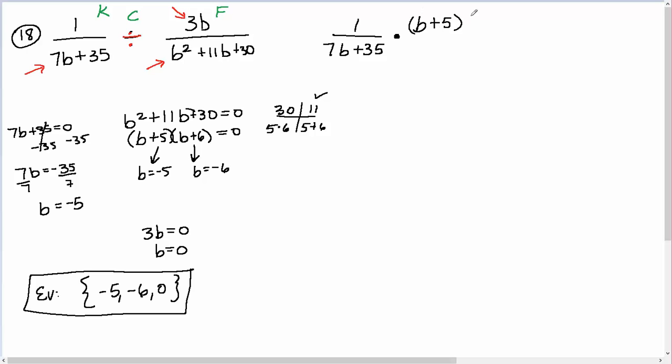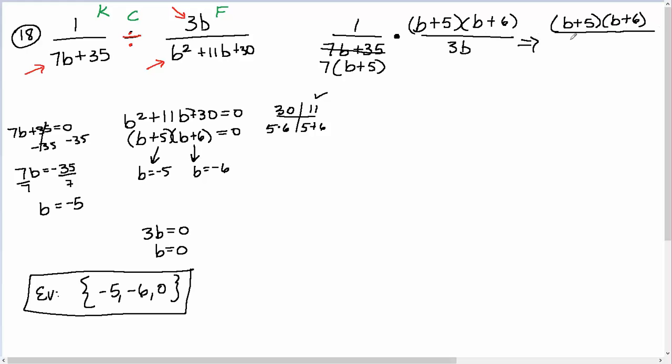And we'll put it in the numerator because we're flipping over 3b. I think we can pull out a 7, so this would be b plus 5. The numerator is b plus 5, b plus 6, and the denominator is 3b.